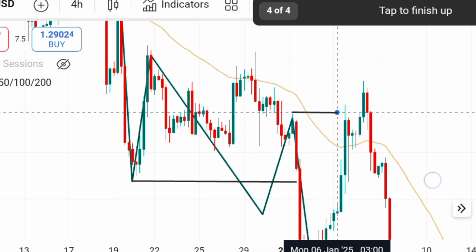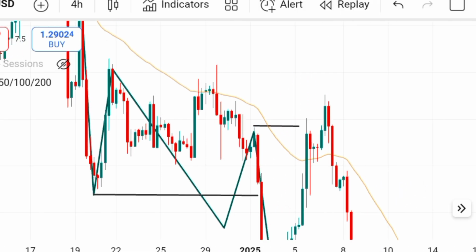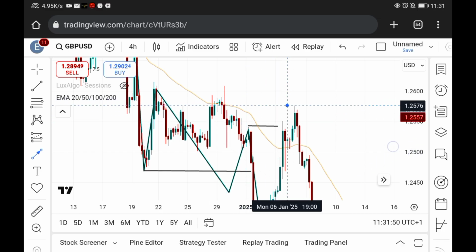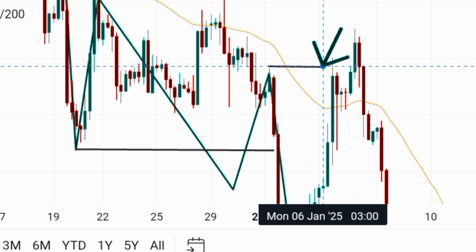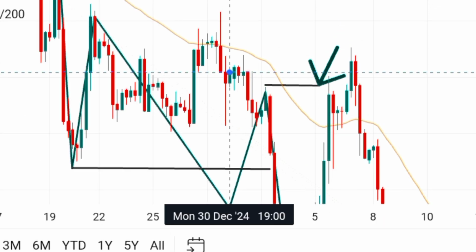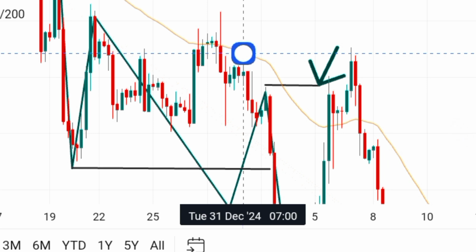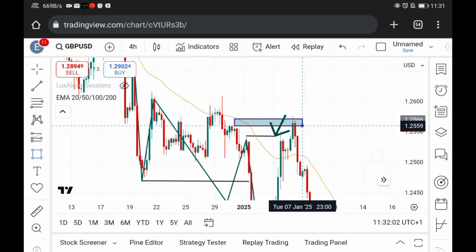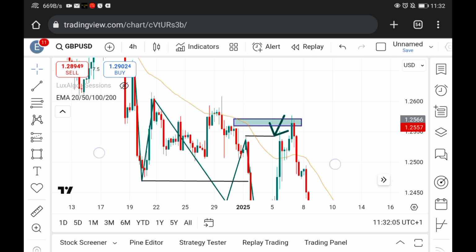And you can see what happened. The market came back and took out that zone, grabbed this zone right here. Thereby, it tapped into this very one here. You get? The market tapped into this one and then it rallies back down.